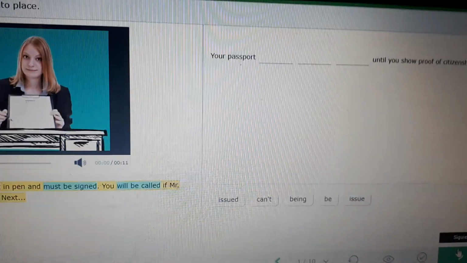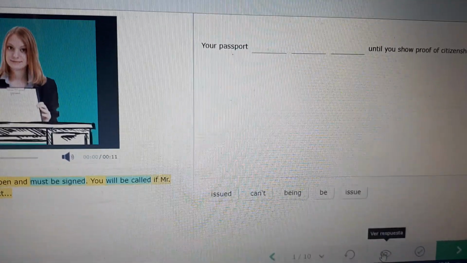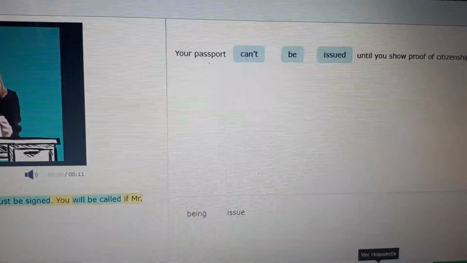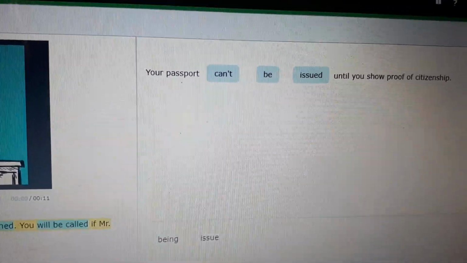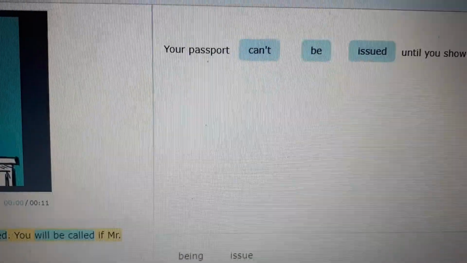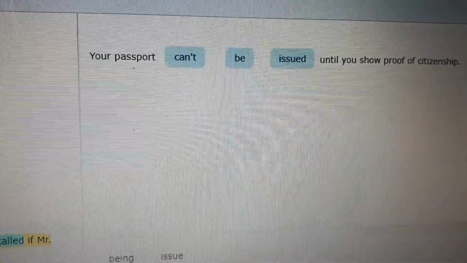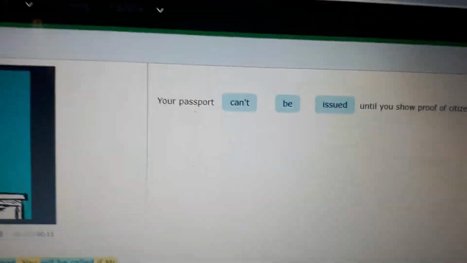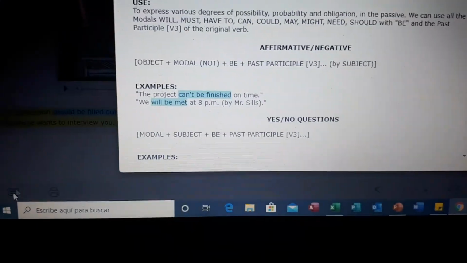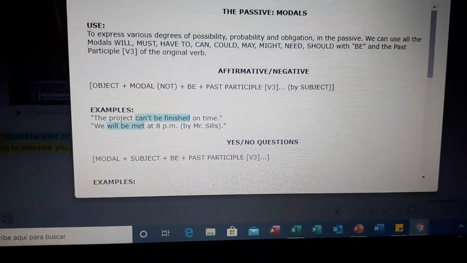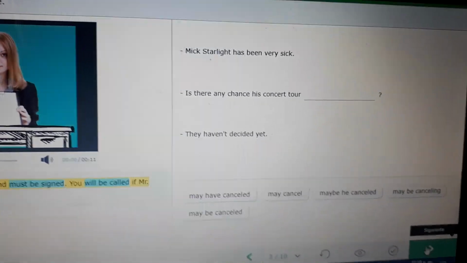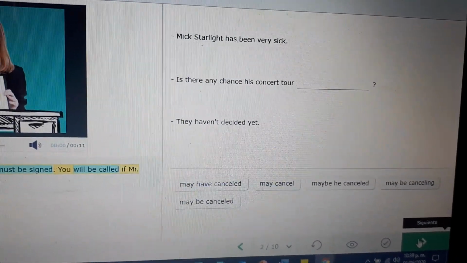For example, we said that your passport can be issued until you show proof of citizenship, de ciudadanía. So please study these exercises. Remember that you have this information at the bottom of the page, and please try to give a review to this exercise.